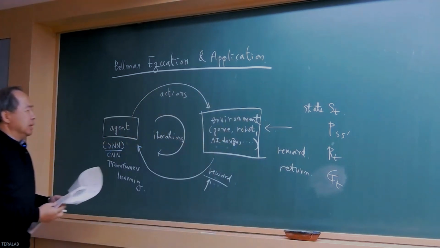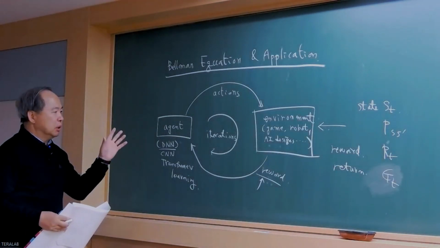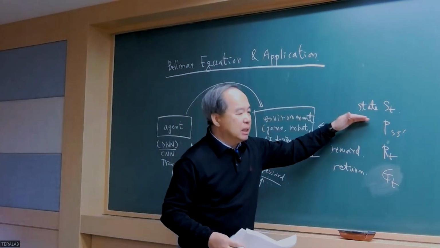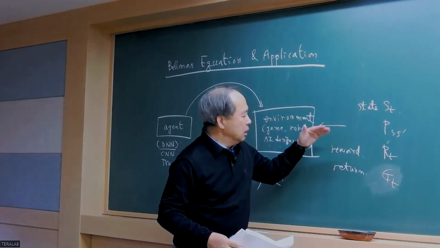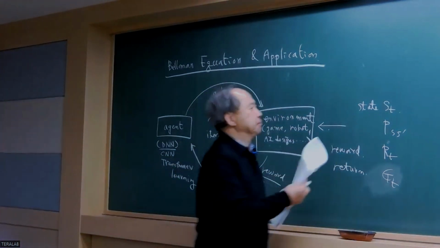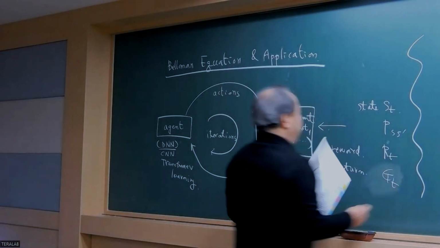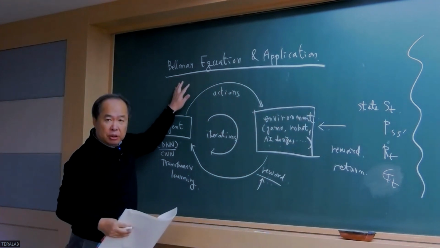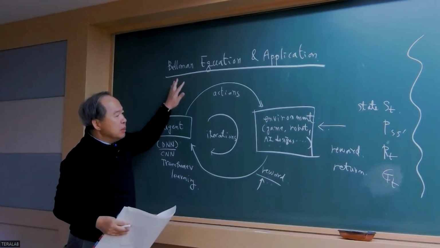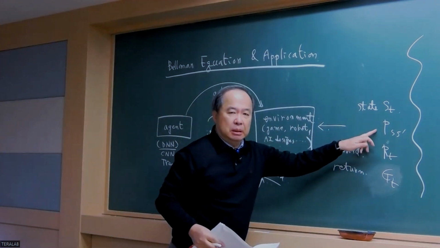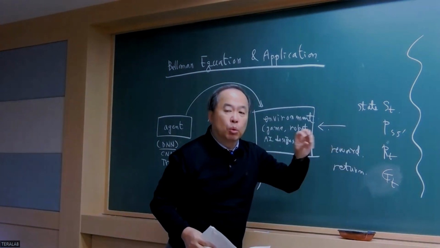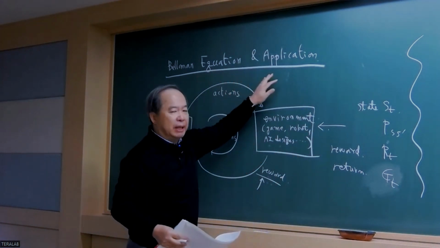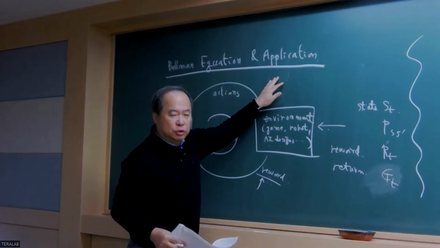So what I'm saying is that in order to apply reinforcement learning, you have to have a good understanding of this diagram and definition of state, transition probability, reward, and return. Based on this understanding, we will be able to derive Bellman equation. In some cases, we know this transition probability, that is the model case. Then today I'm going to apply this Bellman equation to find the best optimal solution.